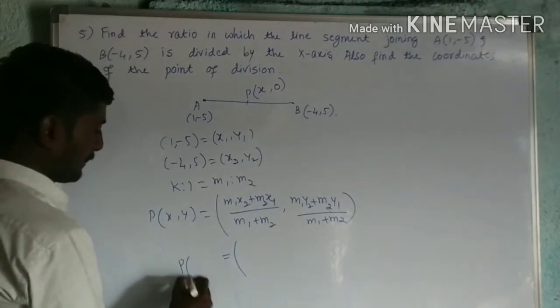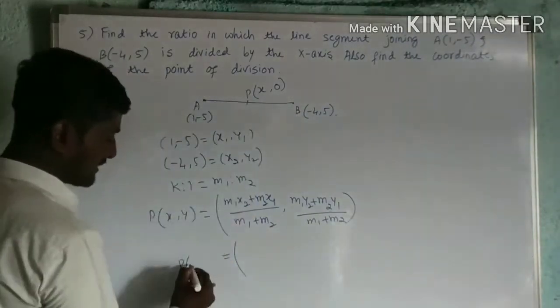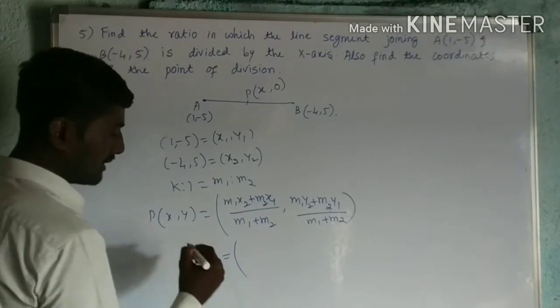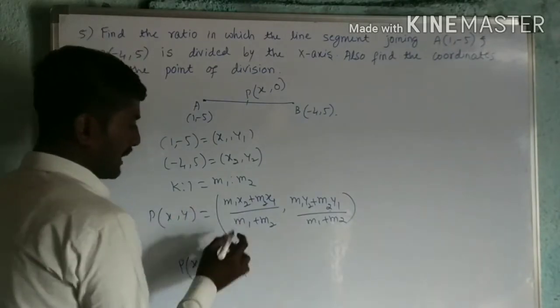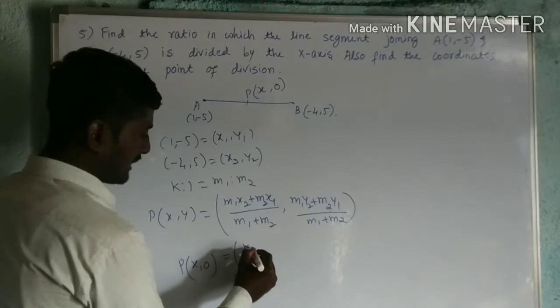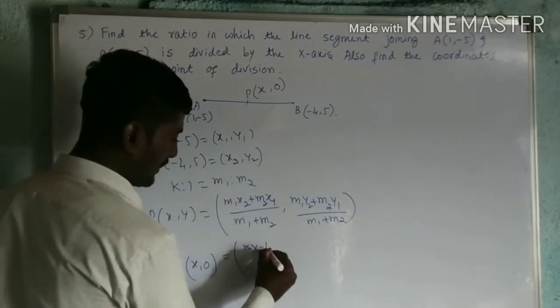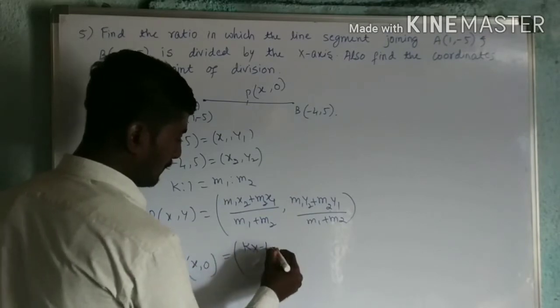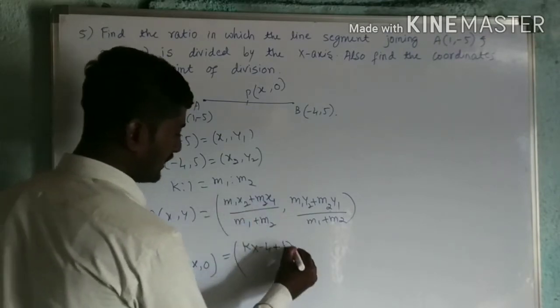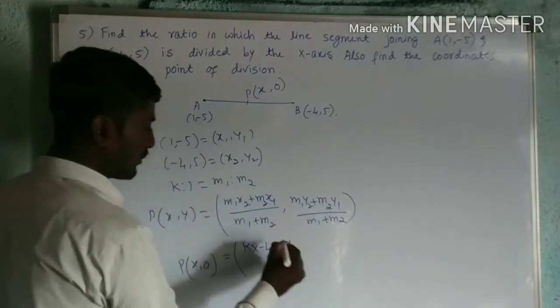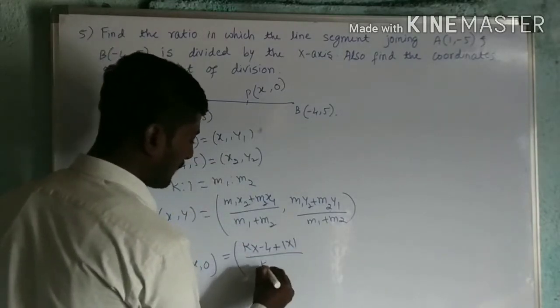Now this is the point P, which I have taken as (x, 0). Now m1 is k, into x2, which is -4, plus m2, which is 1, into x1, which is 1, divided by k plus 1.